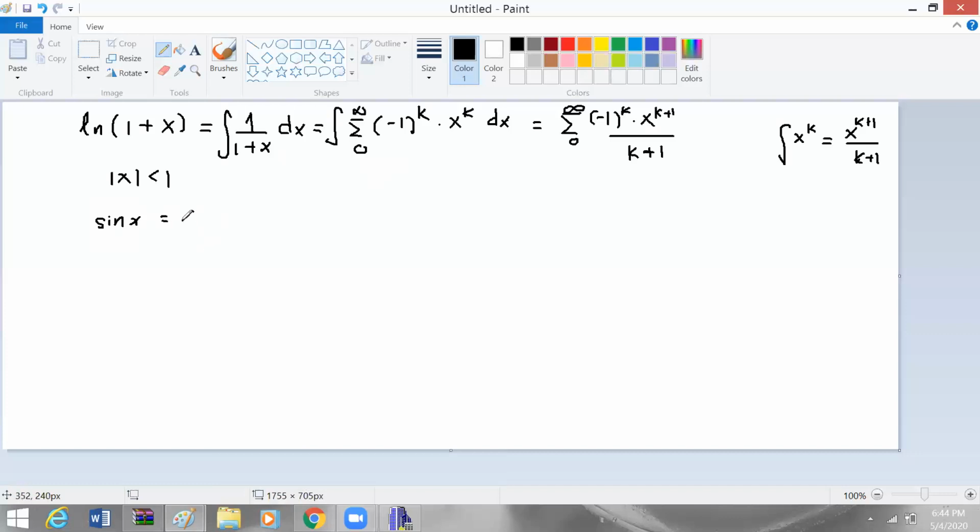And we're going to get x minus x to the third over 3 factorial, all right, because the second one is 0, plus x to the 5th over 5 factorial. And then we're going to take minus x to the 7th over 7 factorial.